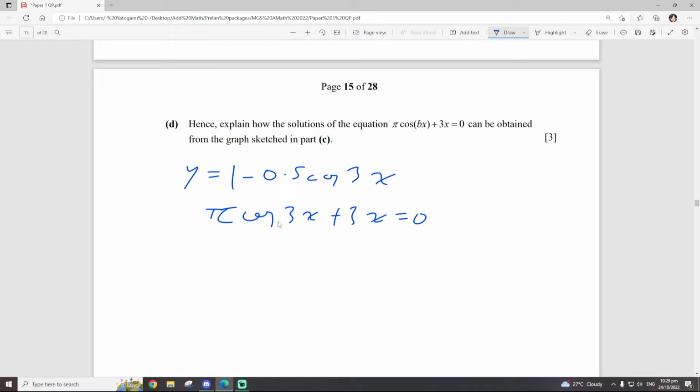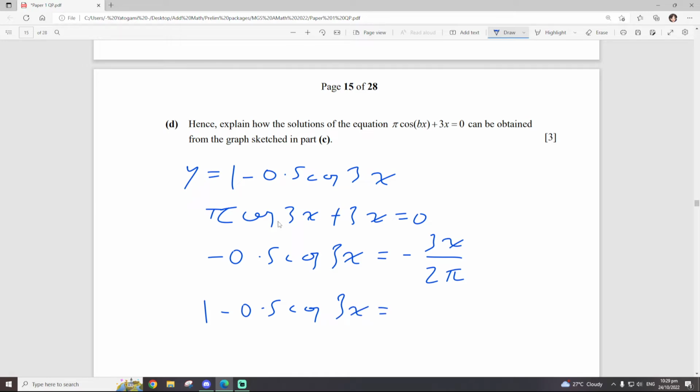So minus 0.5 cosine 3x will be negative 3x divided by 2 pi. So therefore we add 1 to both sides. 1 minus 0.5 cosine 3x equals 1 minus 3 over 2 pi x.